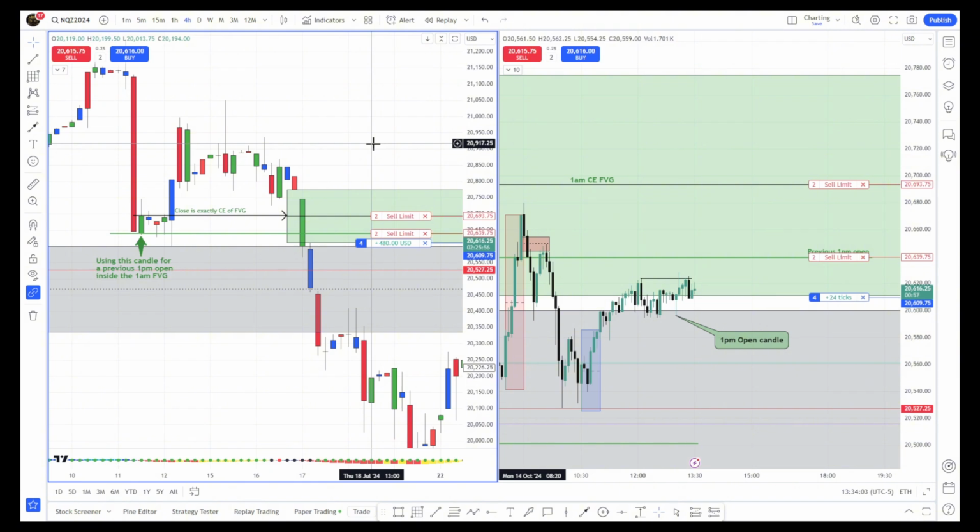Probably the two main mentors that I've used to dissect price action, ranges, opening, closing of candles. And so that's where I'm drawing this information from.